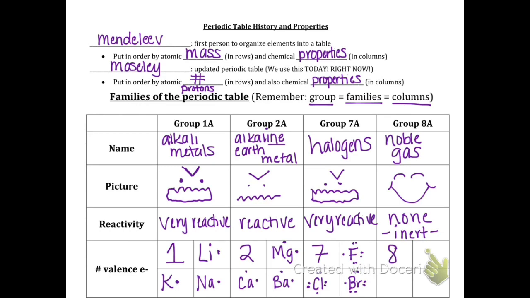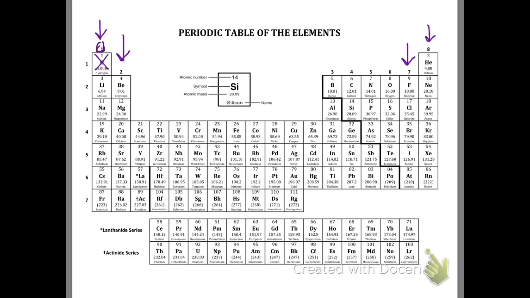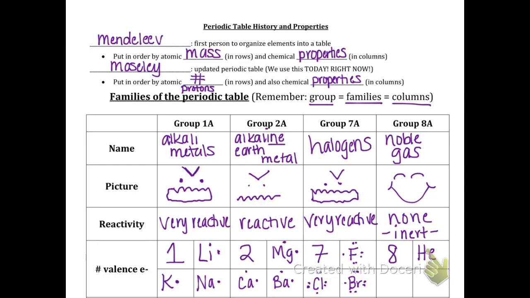There is helium, right? So if we look at helium really quick, helium is a little special because it only has 2 valence electrons. So 2 is still considered noble gas for helium. So I'm going to draw 1, 2, put a star here just so you remember that helium is special.